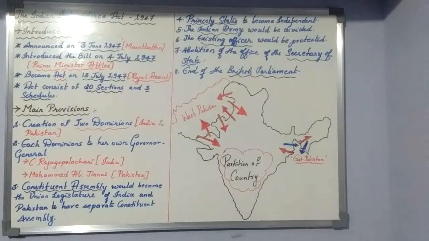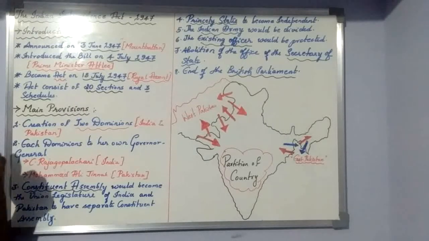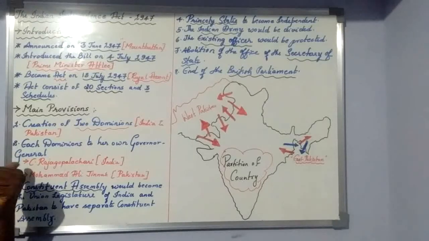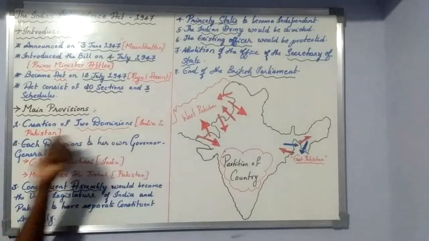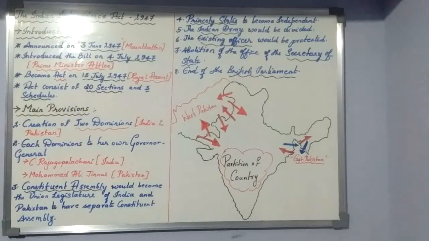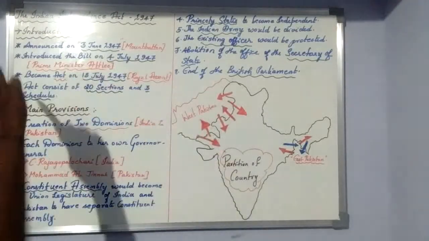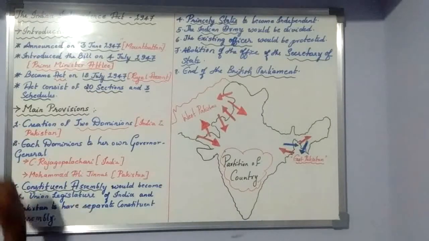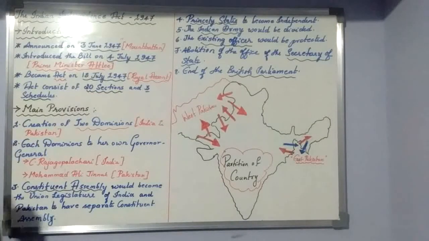So the creation of two domains, India and Pakistan. India, as you all know, is already a country. Then how is Pakistan going to be formed as a separate country? Through East Bengal, West Punjab, Sindh, the Northwest Frontier Province, and Assam.